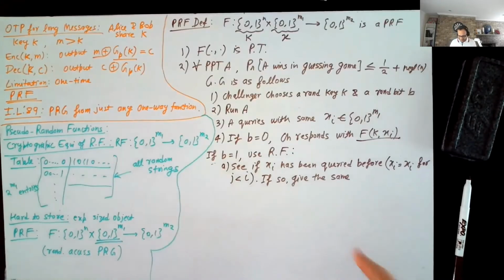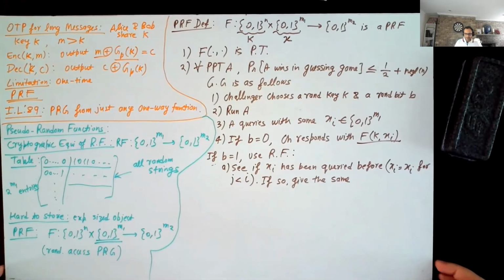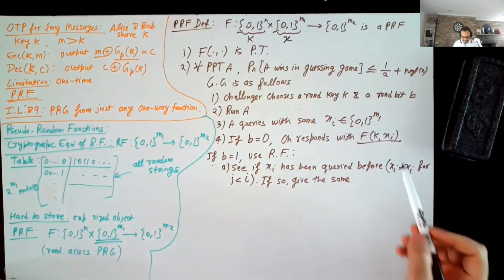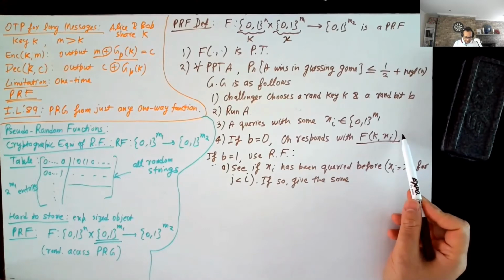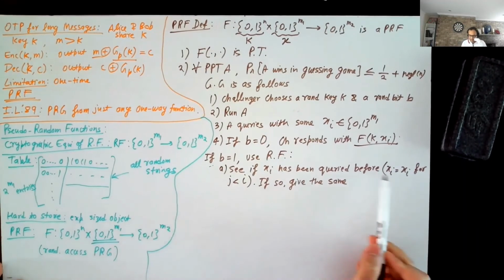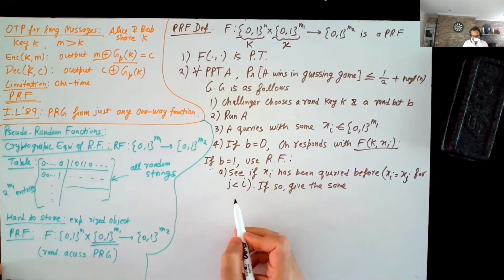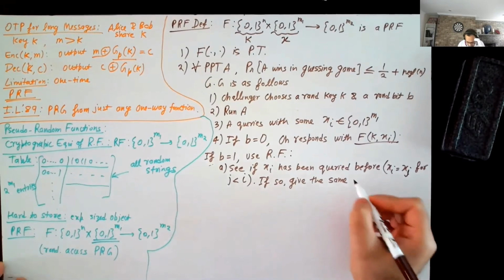So let me explain point number 4 once again. The challenger chooses a bit B, and depending upon that, decides either to use the pseudo-random function or a random function, right? A random function doesn't mean that you don't look at the query, generate something random and give it out, because the answers have to be consistent. So you see if xi has been queried before, which means xi equals xj for some j less than i. If so, you give the same response.